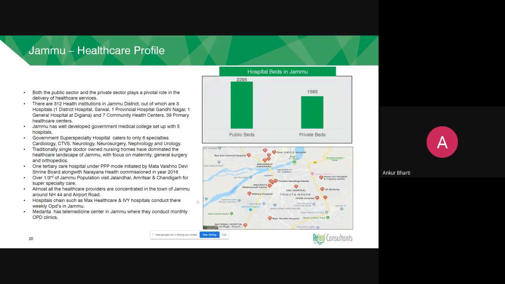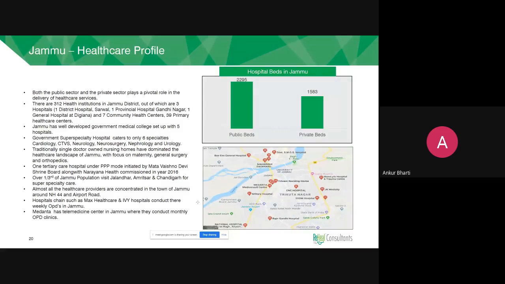This kind of a city, a state capital kind of city, though Jammu is not the state capital, but if you divide Jammu and Kashmir into two separate regions, Jammu would be as important as Srinagar, for that matter. So very rarely will you see that important a city having more public sector beds than private sector beds.